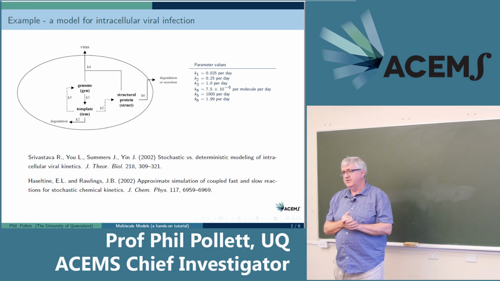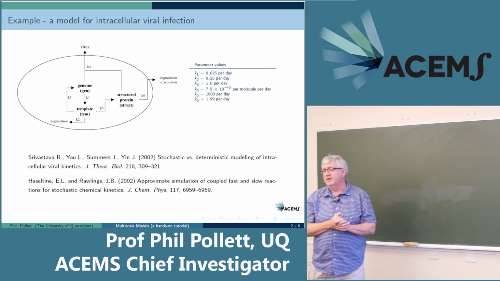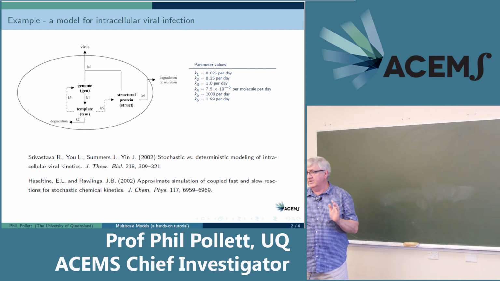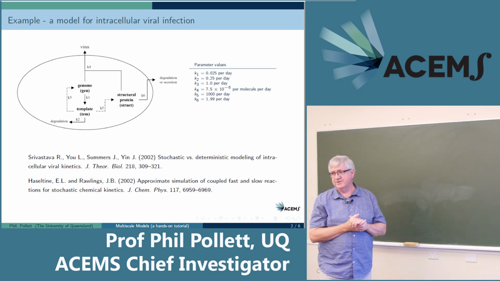And what I want you to note initially is simply that these rate constants are not only different, they're of different orders of magnitude. In fact, vastly different orders of magnitude.